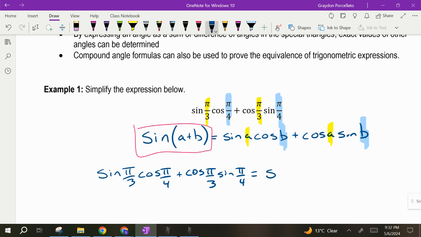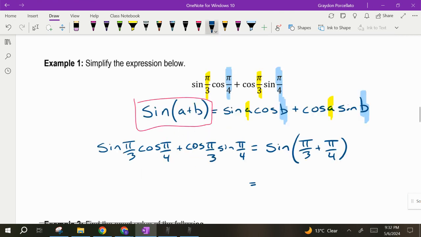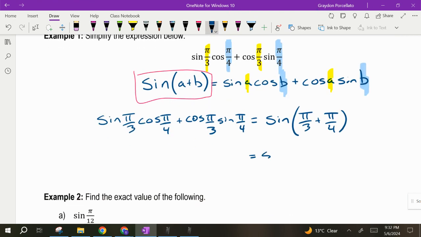That's equal to the sine of pi over 3 plus pi over 4, and that's equal to, well, let's simplify this. So it's really important that we understand common denominators, okay? Adding and subtracting fractions in this course because we are going to be doing that a lot, okay? So what we end up with here is the sine of 7 pi over 12.